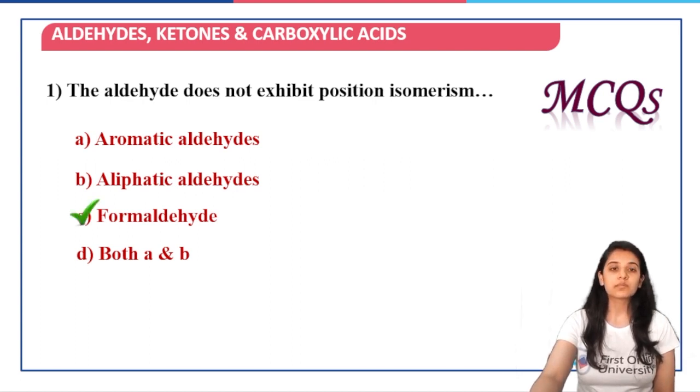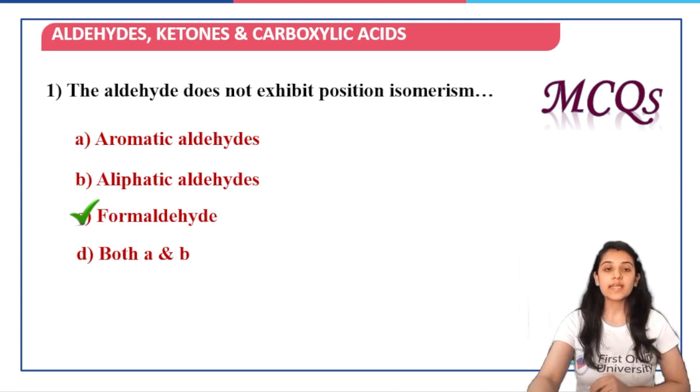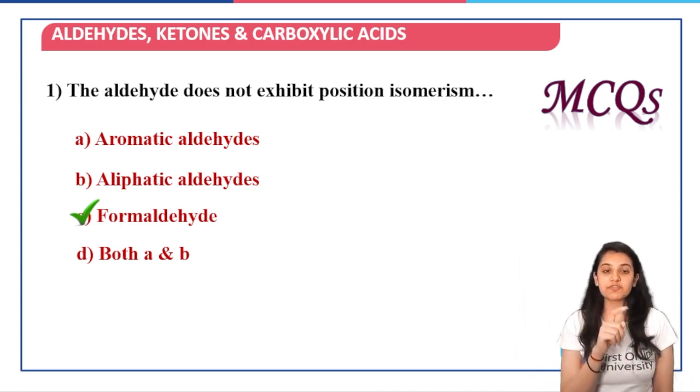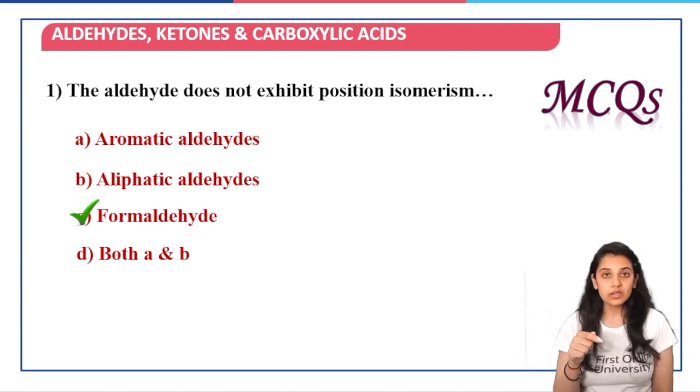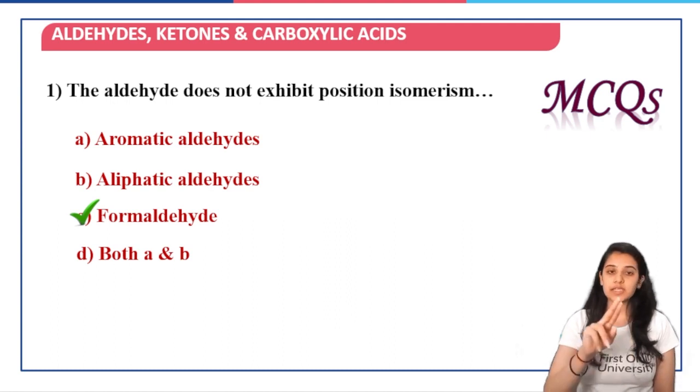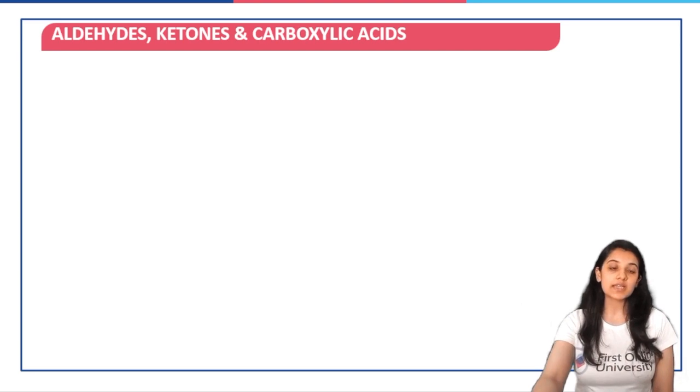So option B should also be the right answer, I think. Okay, there is something wrong with the options that have been given. The D option is both B and C, so then option D would be the right answer. I'm really sorry for this mistake, but you can understand. We've already studied this.